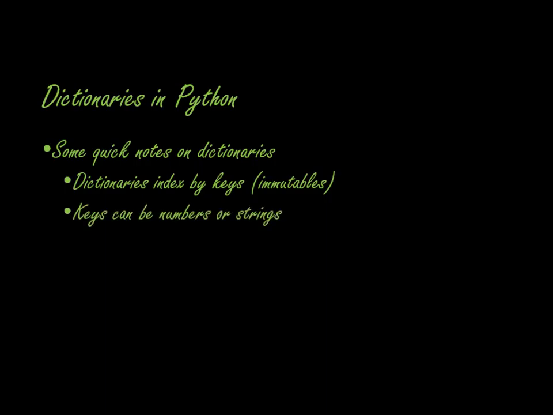The next thing is very important too. A key in a dictionary can be either a number or a string. Python with dictionaries, it doesn't matter. So in this case, if we wanted to use a student number as our key, we could do that, or we could use a student name.